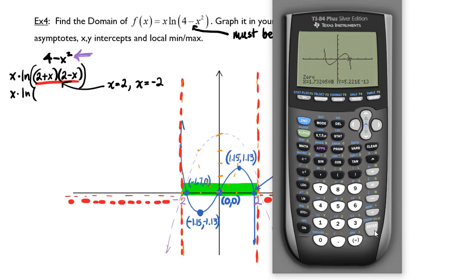And again, it's symmetric, so this one is at positive 1.73 and then 5.221 times 10 to the negative 13th. That's very, very close to 0. So we'll go ahead and calculate that as 1.70.